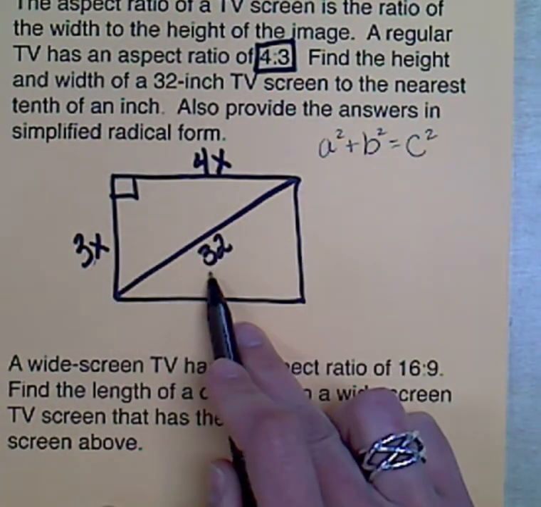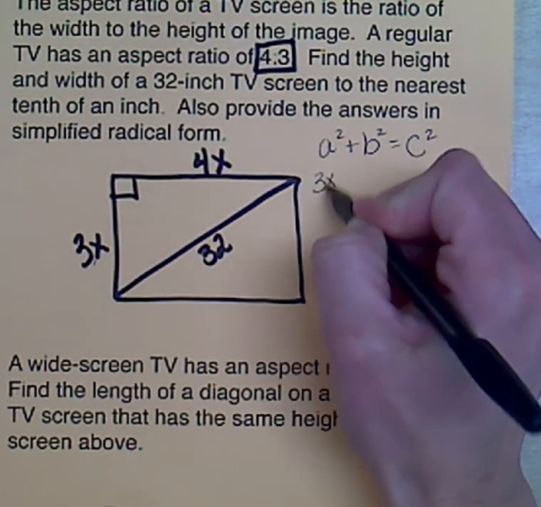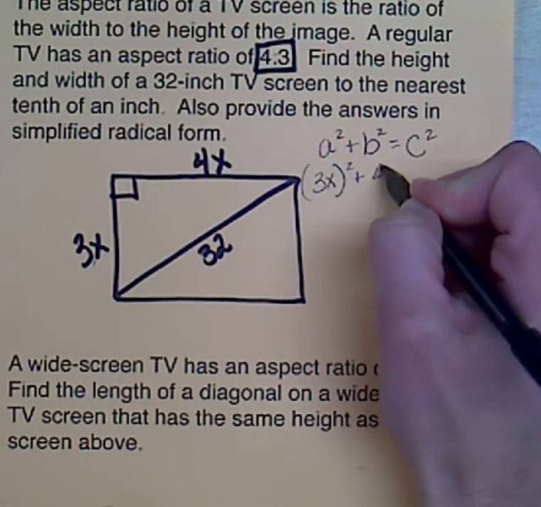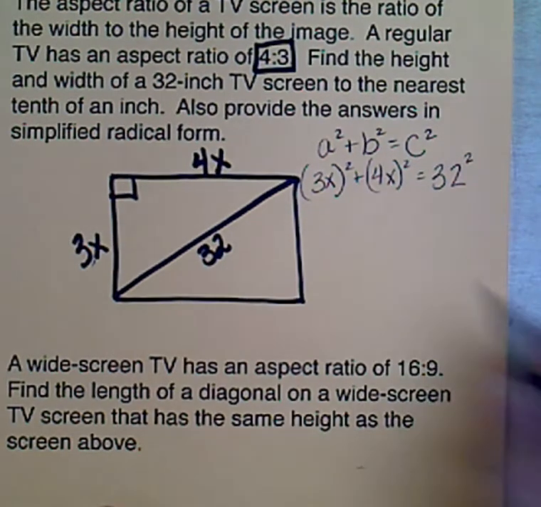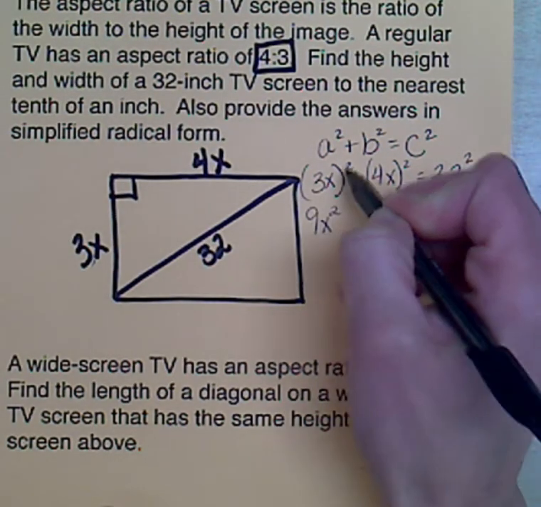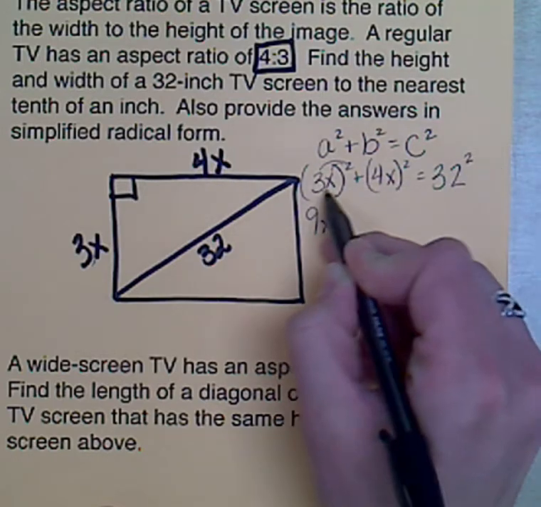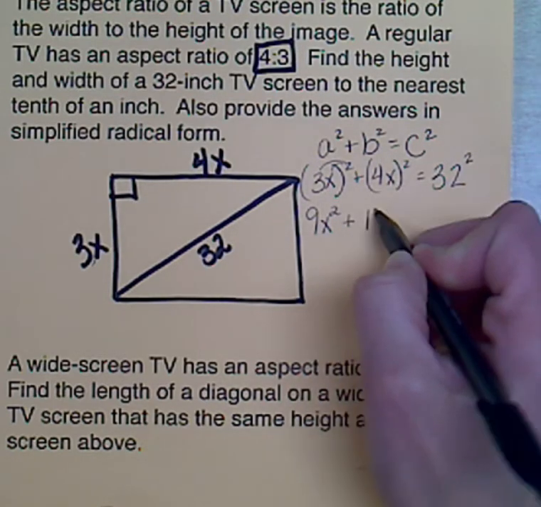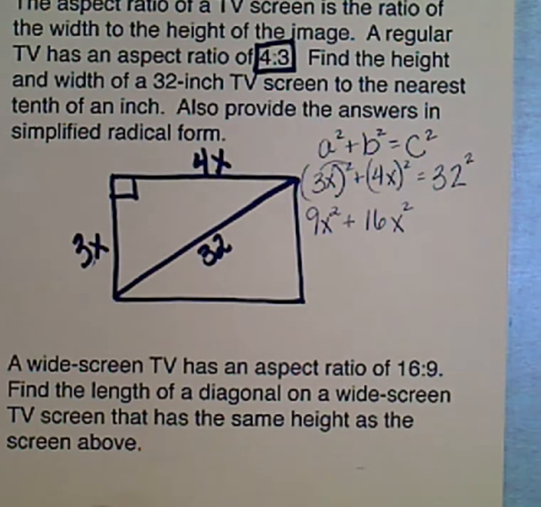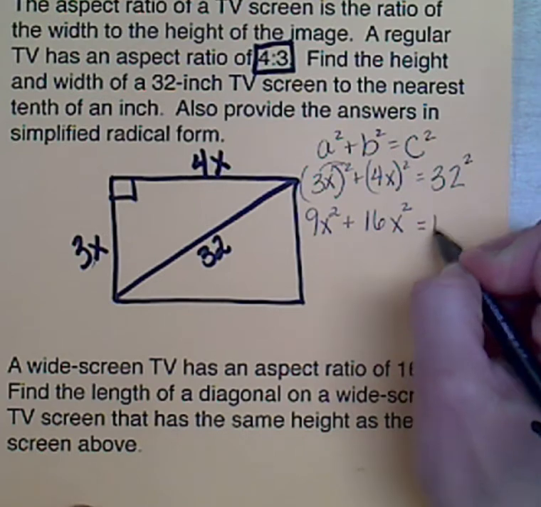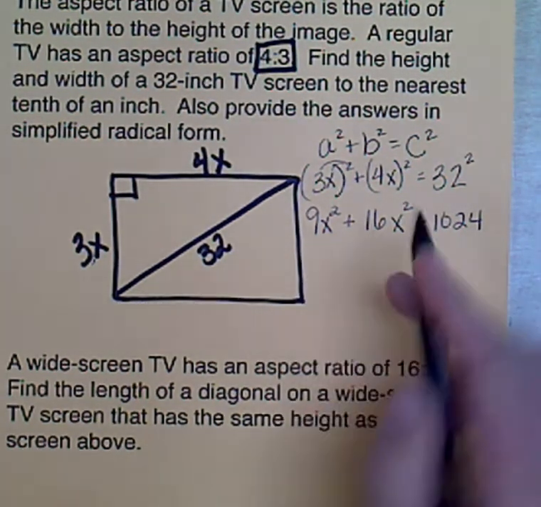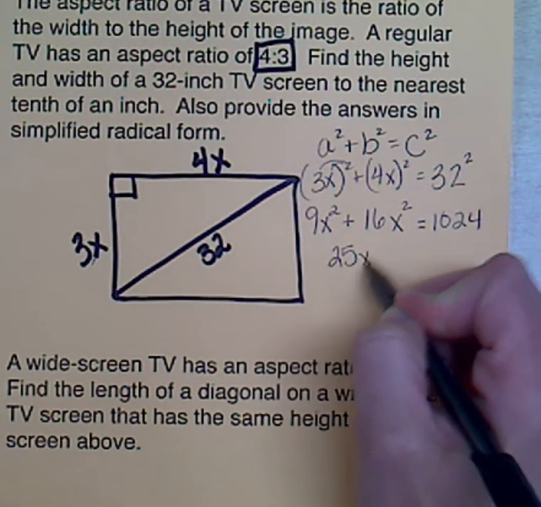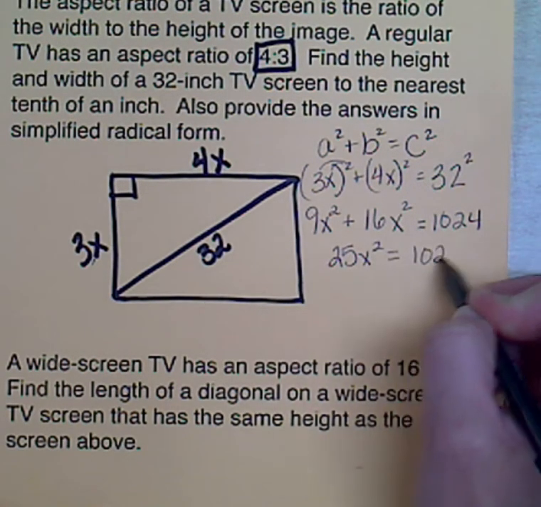Leg squared plus leg squared equals hypotenuse squared. 3x squared plus 4x squared equals 32 squared. 9x squared, because remember you have to square both parts that are multiplied together in here, plus 16x squared equals 32 squared, which is 1024. 9 plus 16 gives us 25x squared equals 1024.